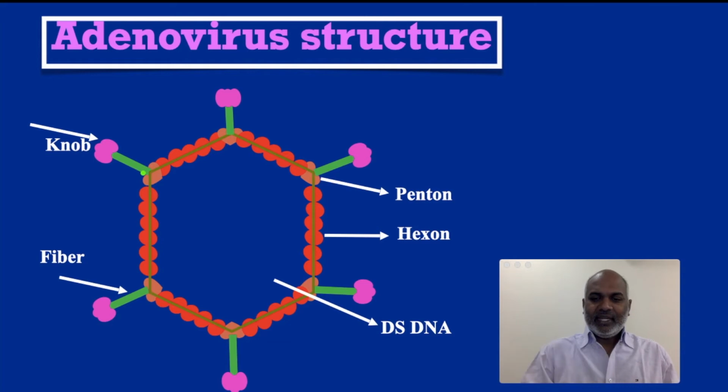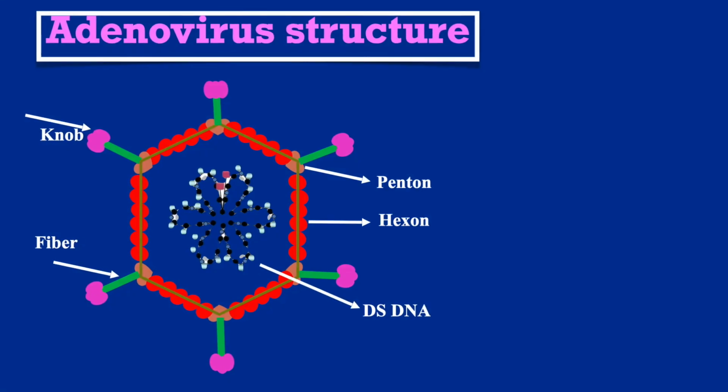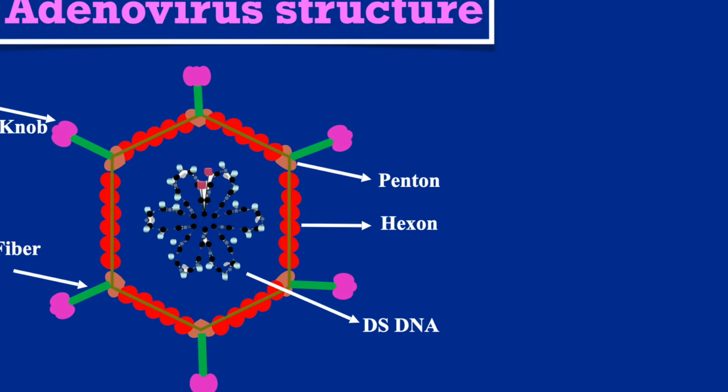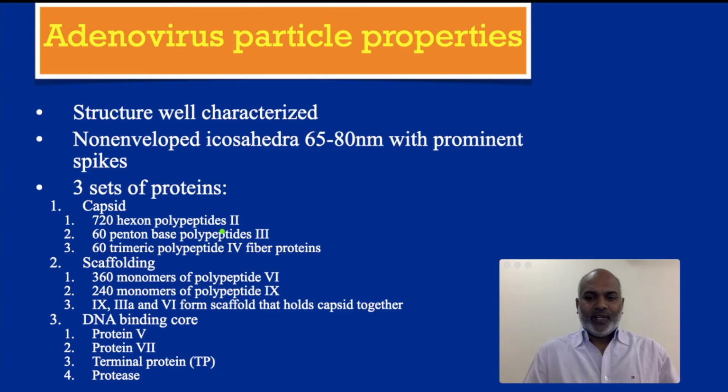Inside the virion, in the core, you have the double-stranded DNA. In a detailed picture of this adenovirus, you have three sets of protein molecules with glycoprotein spikes, and it is a non-enveloped icosahedral structure.